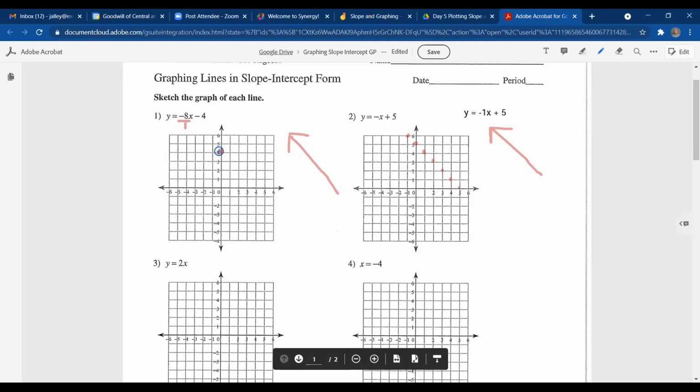And then I got a decision to make. 1, 2, 3, 4, 5, 6, 7, 8. Which way should I go now to place the next point? I got to go this way to the right. Very steep line.